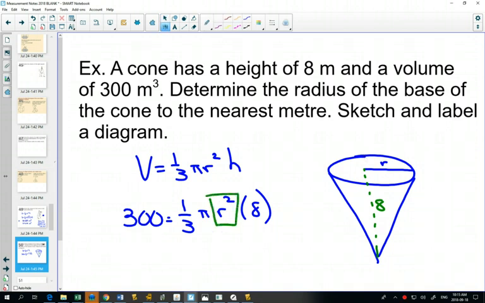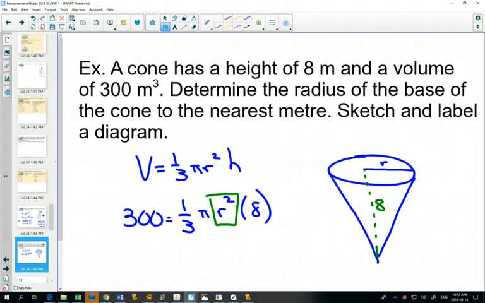There's my radius, and it's being squared. All the other numbers there need to be removed from that side of the equation onto the other side so I can get that r squared by itself. What would you suggest we do first? We could divide by 8. Because on this side, do you see we're multiplying by 8?